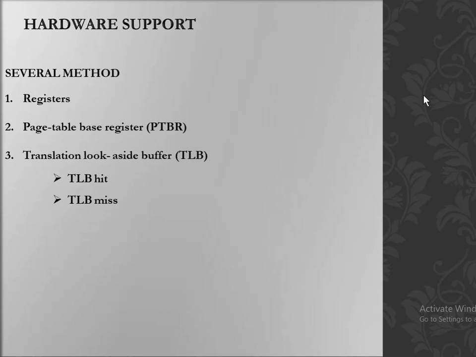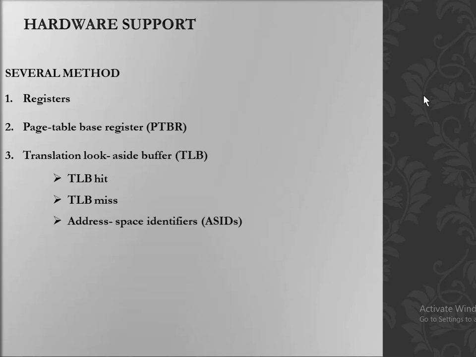If the page number is not present in the TLB, then it is called a TLB miss. Then you identify that page number in the page table, get the frame number, construct the physical address, and identify the frame in the main memory.